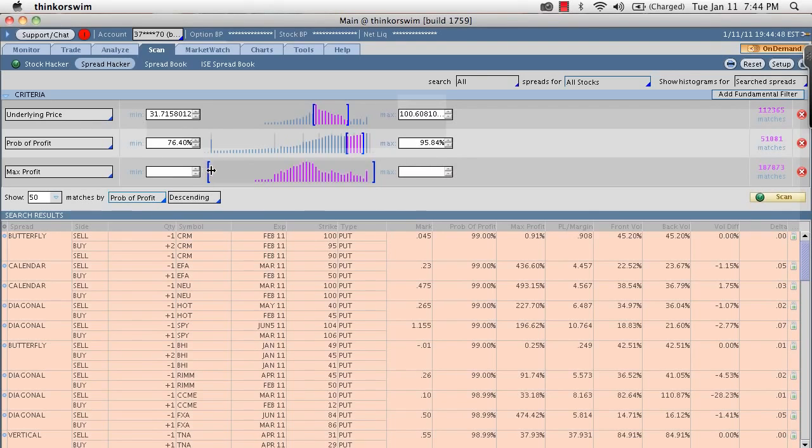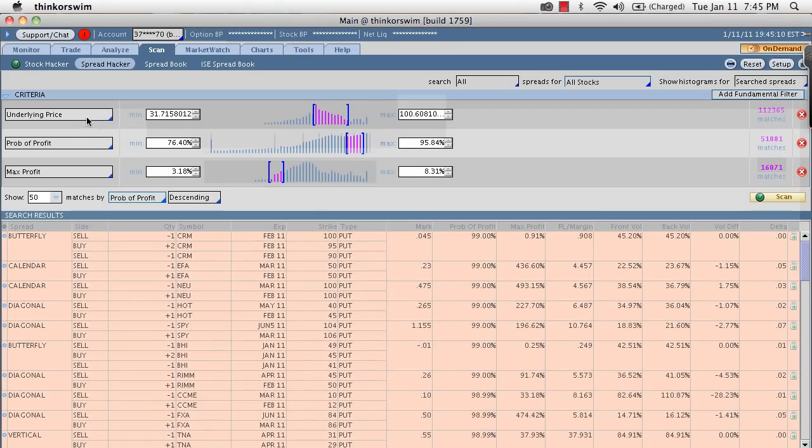And then again, the max profit, this is the percentage return you want to make on your trade. So again, you can make this a little bit different on all ends. Obviously, 1,000% is not realistic. You're not going to get really good option spreads to come back, but somewhere in the neighborhood of, let's say, 3 to 8%. So now we have our full scan built.